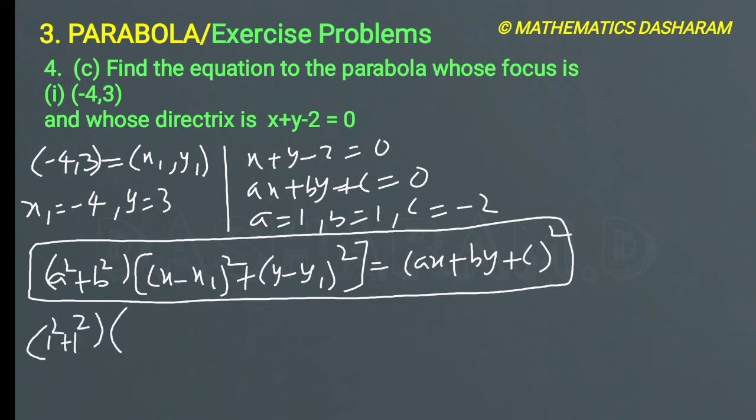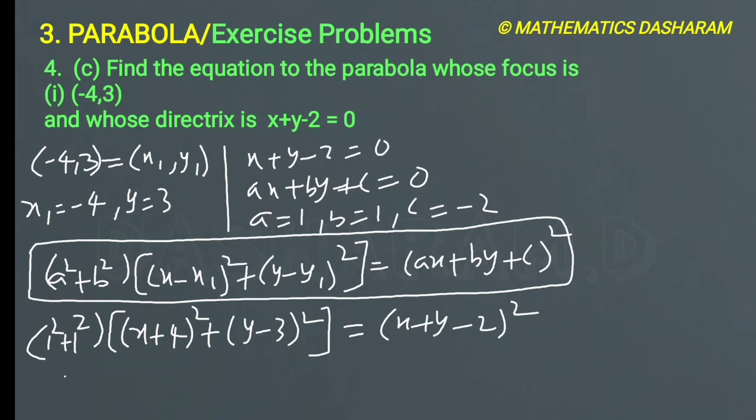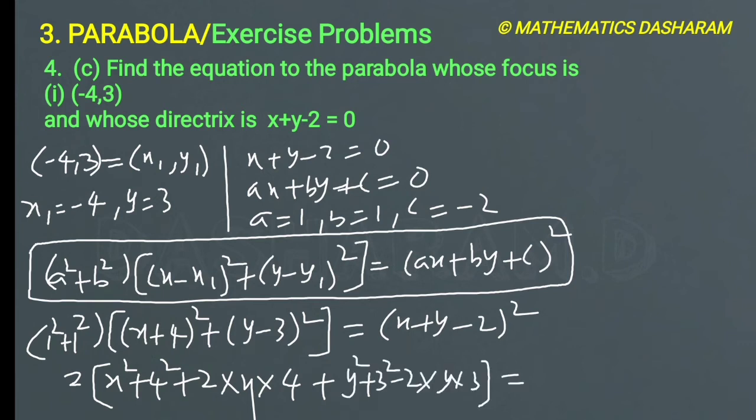So the formula is, a value 1, b value 1. Next, (x - x1) squared plus (y - y1) squared; simplifying, it is 2 times the bracket, using the (a + b) whole square formula, plus 2 into x into 4. Next, the (a - b) whole square formula: x + y - 2 can be written as x + y + (-2) whole square.